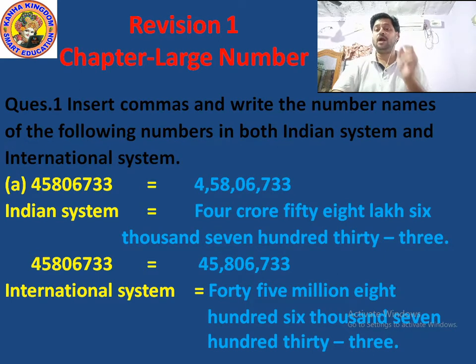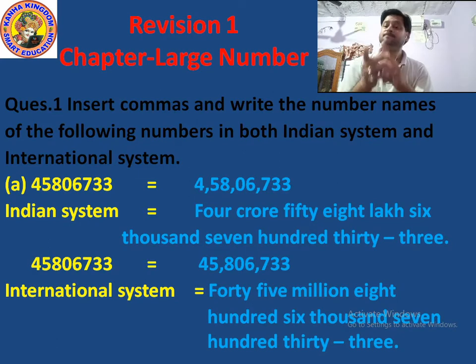Now how can you read it in the international system? First you convert this number into the international system. How do you convert? With the help of commas. See, here are 8 digits. You all know 8 digits. In the international system, how many periods? 3 periods.